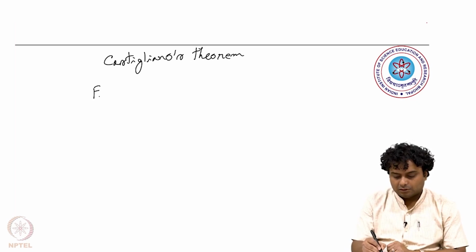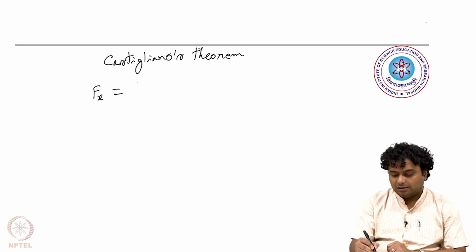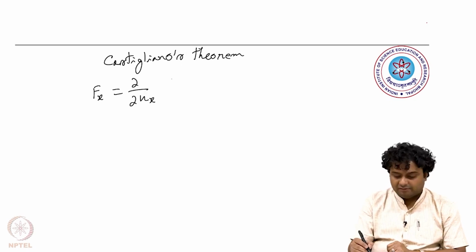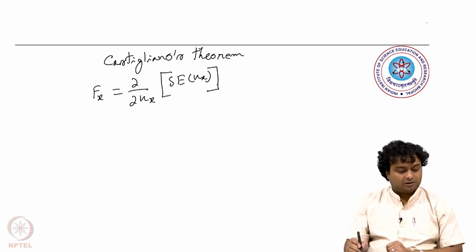The theorem says the force in the direction x is equal to the partial derivative, with respect to the deflection in that direction, of the total strain energy expressed as a function of deflection.